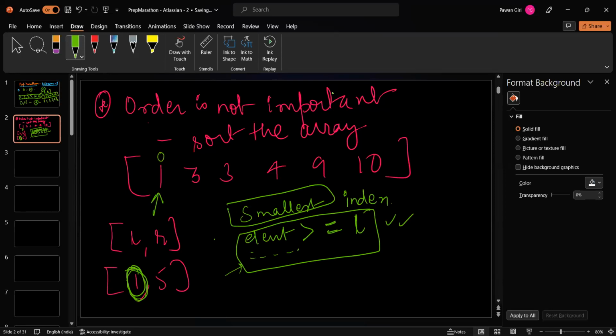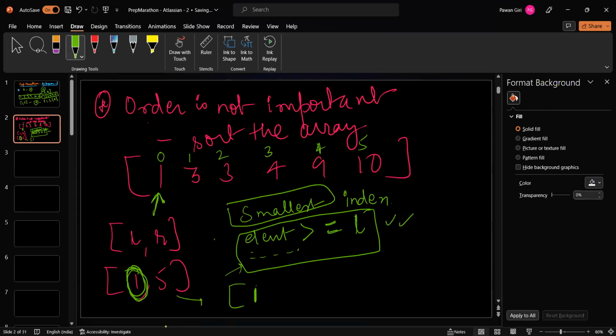If I talk about index, let me write it 0, 1, 2, 3, 4, 5. So 0 is the smallest index in this case where the element present is greater or equal to my L. I am looking for values in this range, so this is my lower bound, 1.